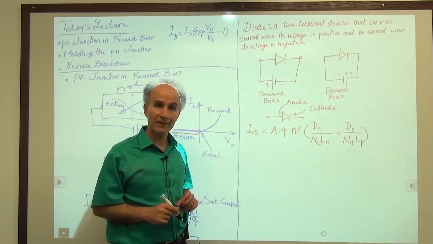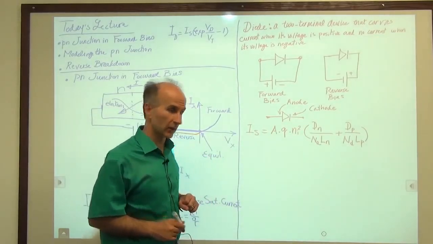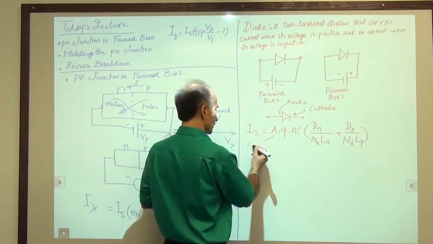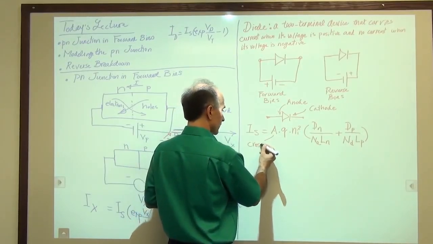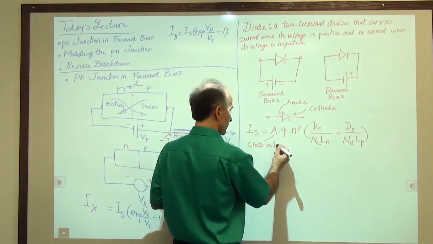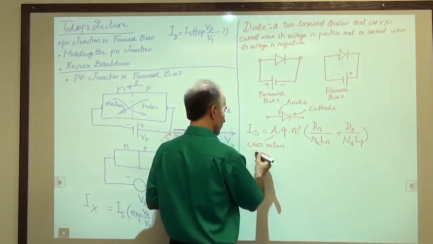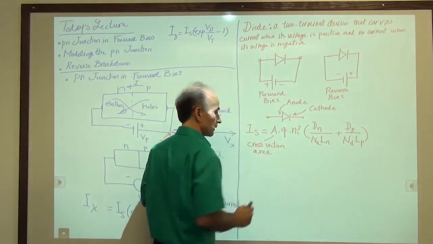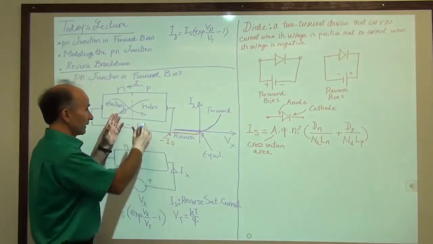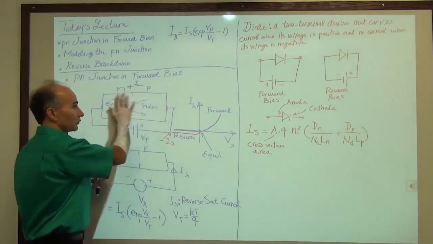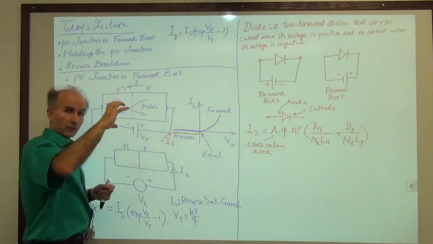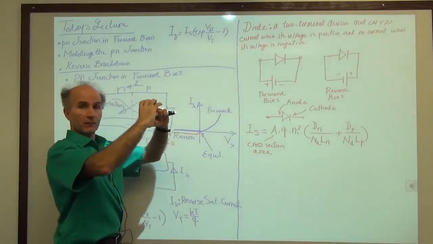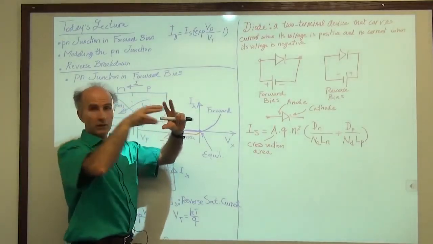A is the cross-section area of the junction. What do we mean by that? Well, when you build this junction, it's not a two-dimensional structure, it's a three-dimensional structure, right? So it has some area through which the current flows.